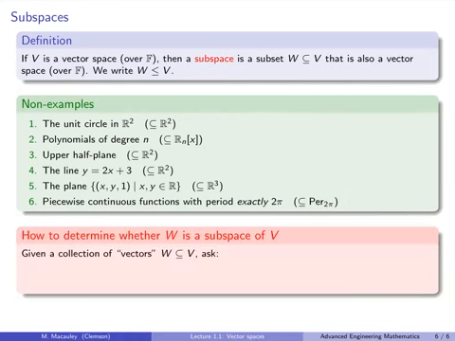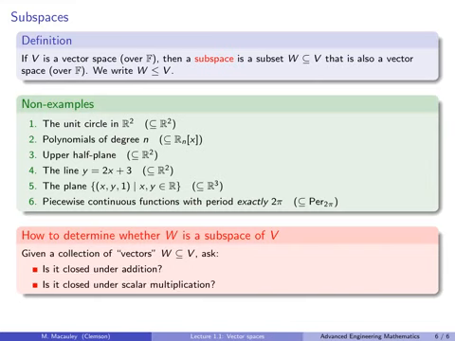Finally, we'll conclude with a summary: how to determine whether W is a subspace of V. Let's suppose that you're given a collection of vectors. They could be n-tuples, they could be polynomials, they could be functions, but some collection W that is contained in a vector space V, you need to ask the following two questions. Is it closed under addition? If I take any two of these vectors and I add them together, do I stay in that set W?